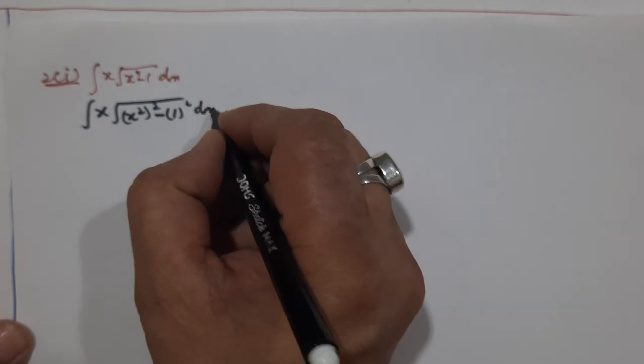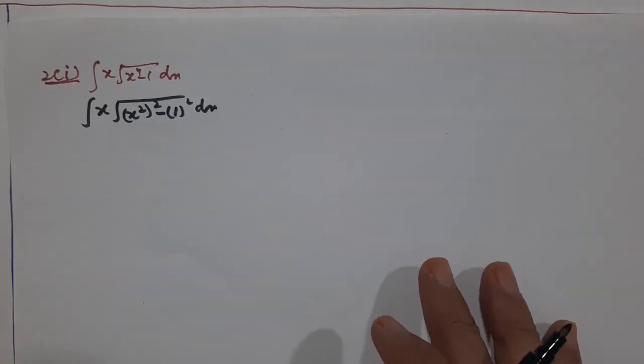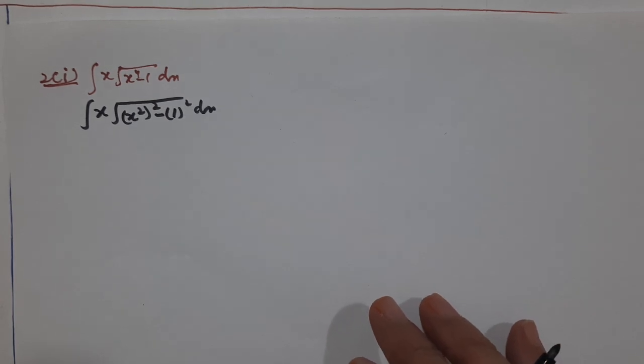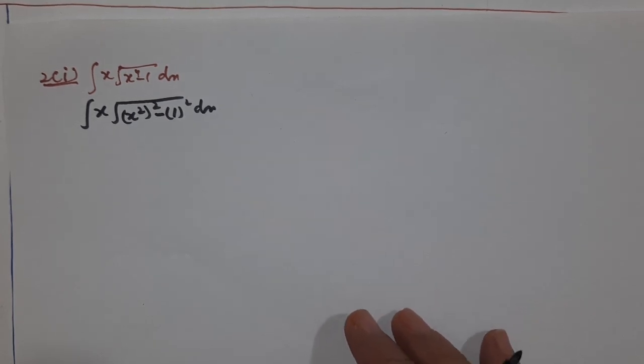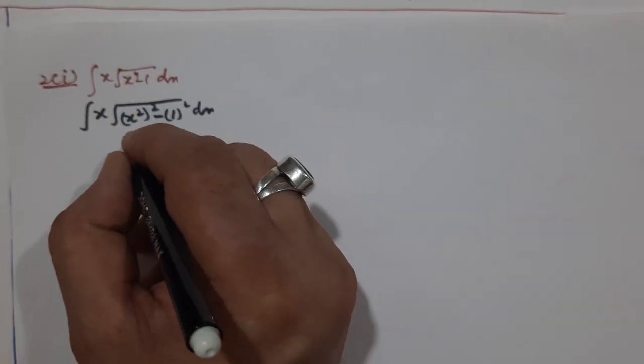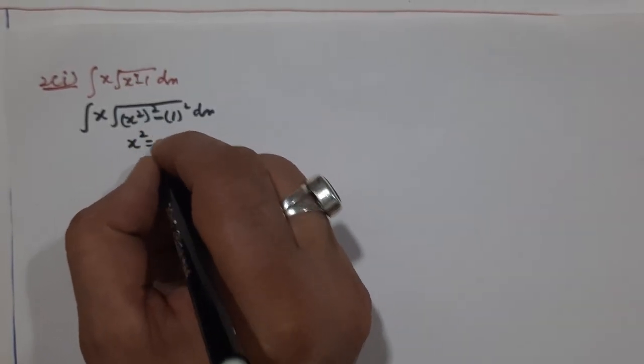Now students, this is not the type. We have to put something to make it of the type either under root x square minus a square or a square minus x square under root. So we have to put first. Without putting, we are not able to solve this question.